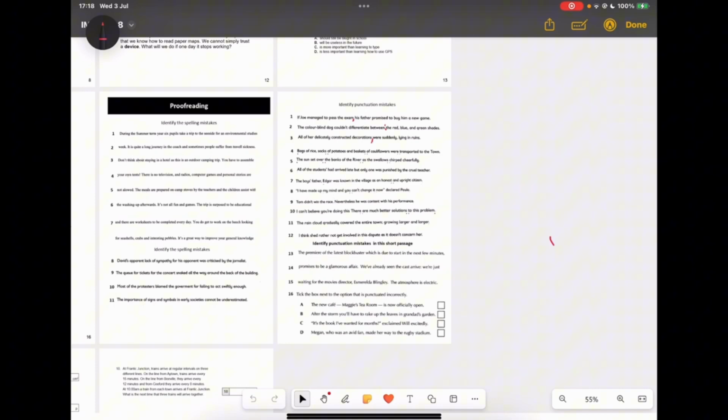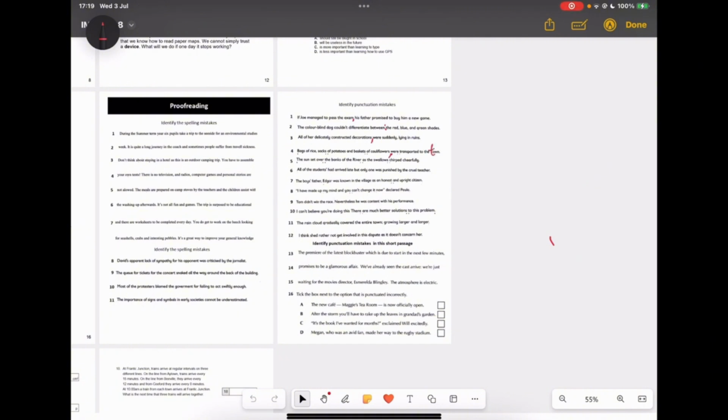So you could add a semicolon. Bags of rice, sacks of potatoes and baskets of cauliflowers, semicolon, were transported to the town. Yes. Or just comma. And this should be lowercase t.